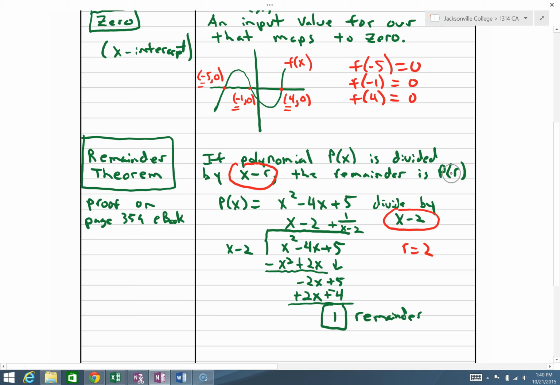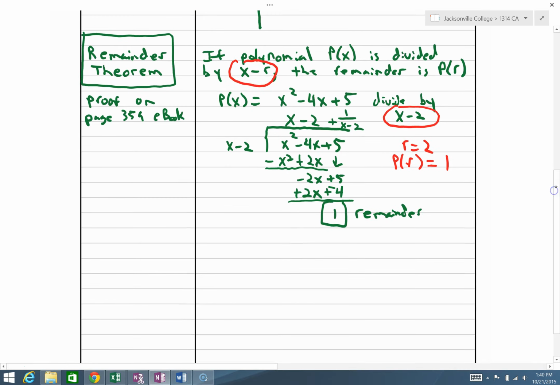So if I look at my polynomial at that value, p of r, it is supposed to be my remainder, which is 1. So the remainder theorem says if I evaluate my polynomial at that value r, it should yield 1.